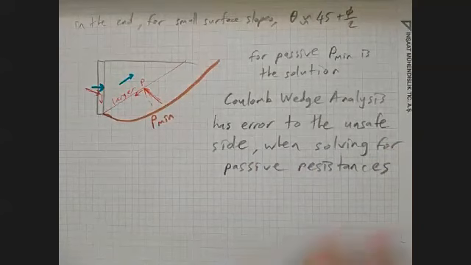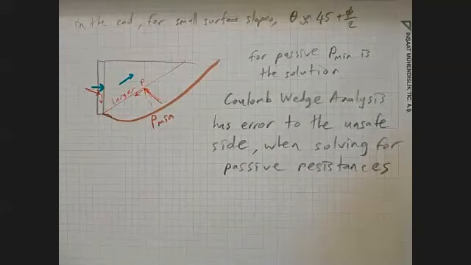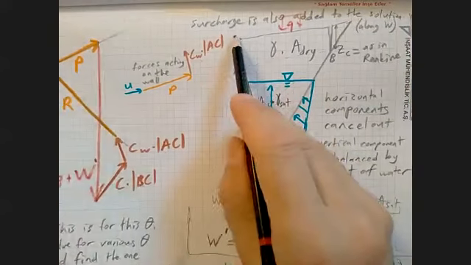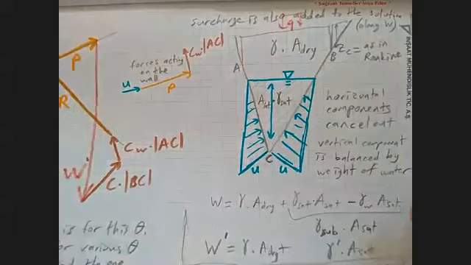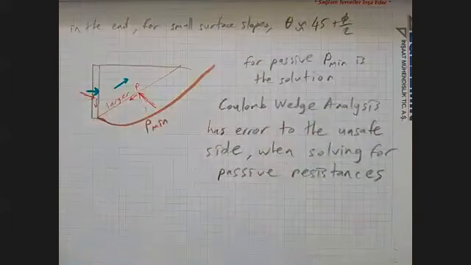So don't use it for passive solutions. For passive solutions, go ahead and use Rankine. Actually, unless you have a really bizarre geometry that you cannot approximately model. So even this one, yeah, it is almost horizontal or something like that. But if you have a bizarre geometry, then you might use the active Coulomb wedge.